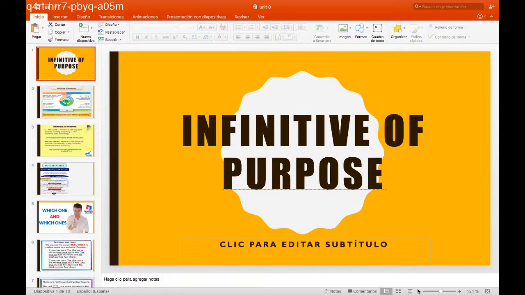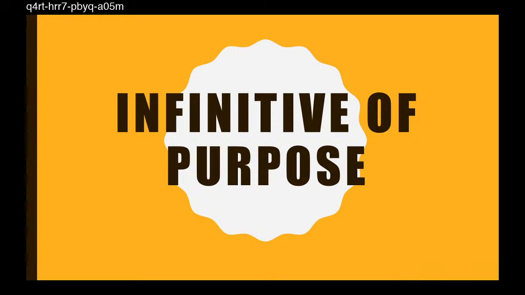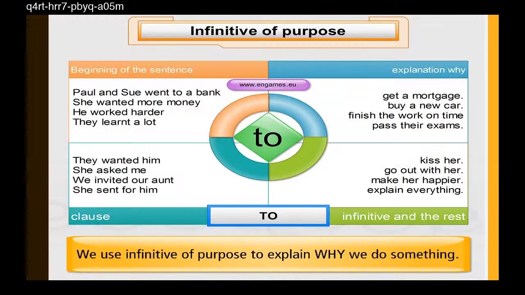This is the last grammar topic that belongs to our semester, and the first thing that we are going to work on is how can we use the infinitive to express purpose. First of all, it is important to understand that the purpose is the objective, the intention, what we want to do, and how can we use the infinitive form to express that, the goal that we have.